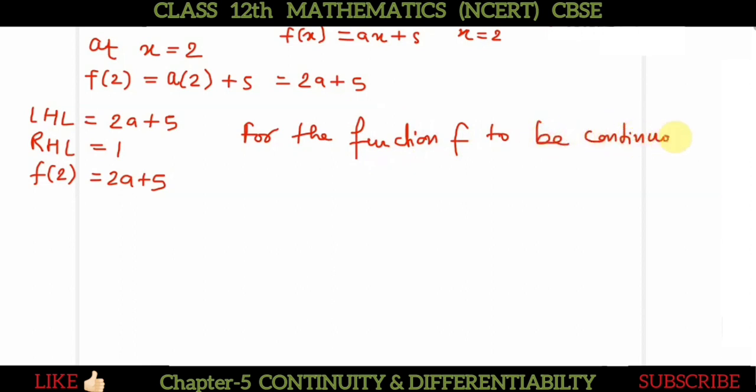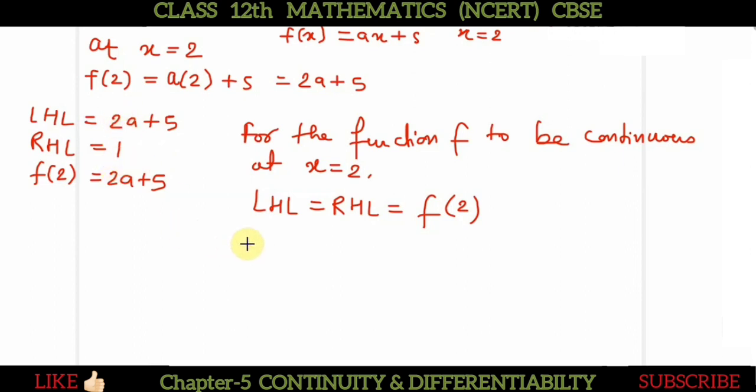For the function f to be continuous at x equal to 2, this LHL should be equal to RHL and should be equal to f of 2.